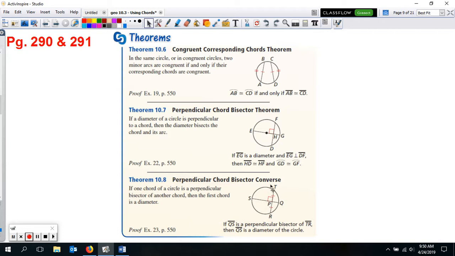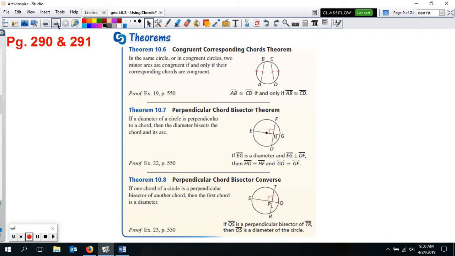And if you can see that one is bisecting the other chord, and it shows here it's bisecting and it's perpendicular right here, then what we can conclude is that this chord from Q to S is going to be a diameter. It's going to end up going through the center point. We know definitely that these arcs are also going to be bisected, of course, but what we can also know is that this is going to be a diameter.